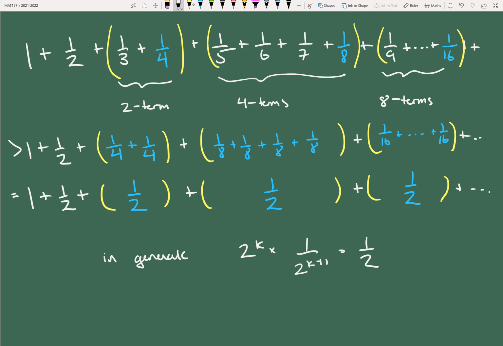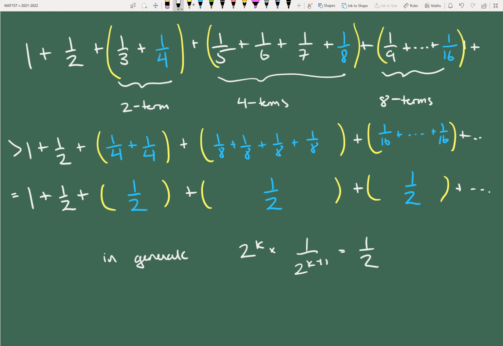And so this allows you to bound the harmonic series below by something which does shoot off to infinity. Does that make sense? Do you see how that works? I think that's a super cool little trick.